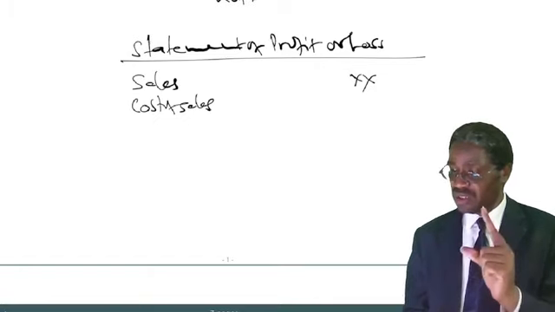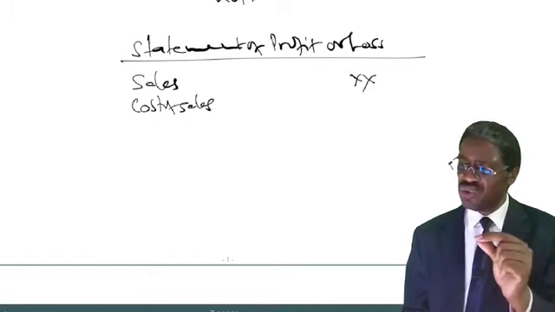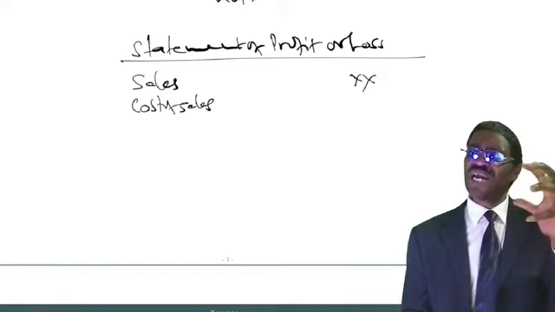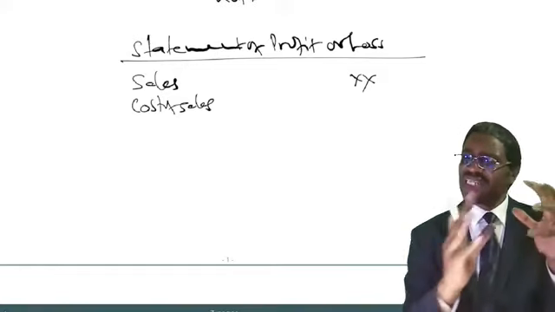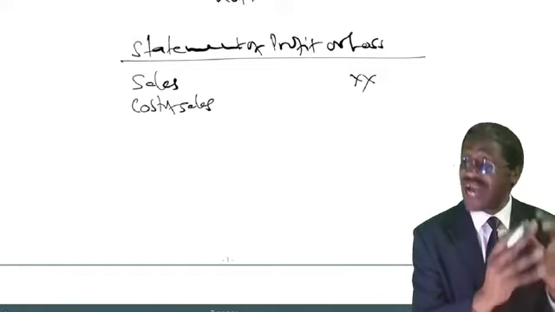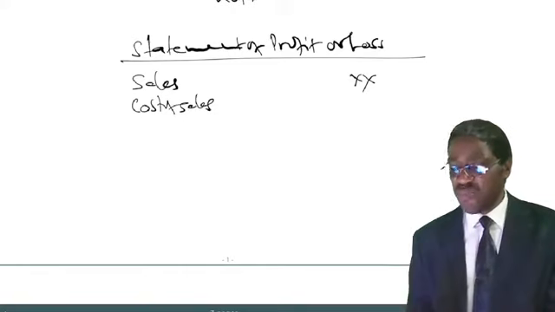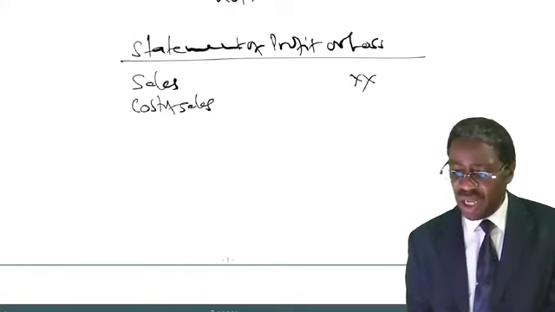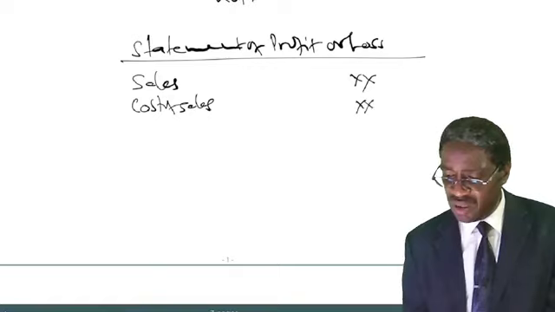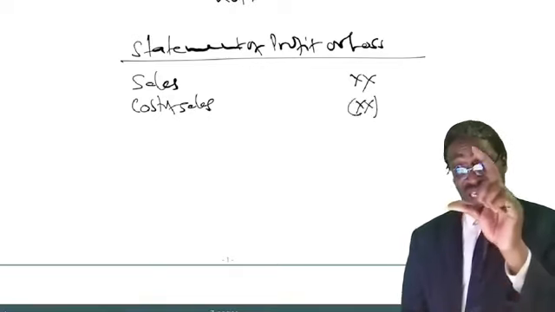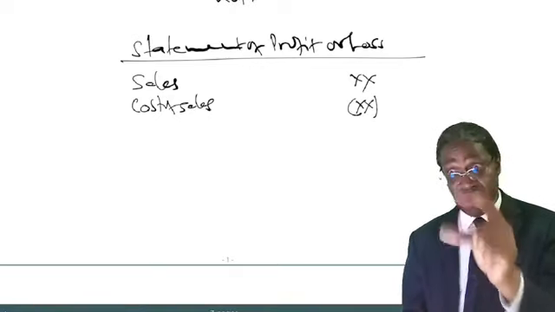What you are required to do is to do that calculation somewhere as a working and bring it as a single amount. That's one key important difference.